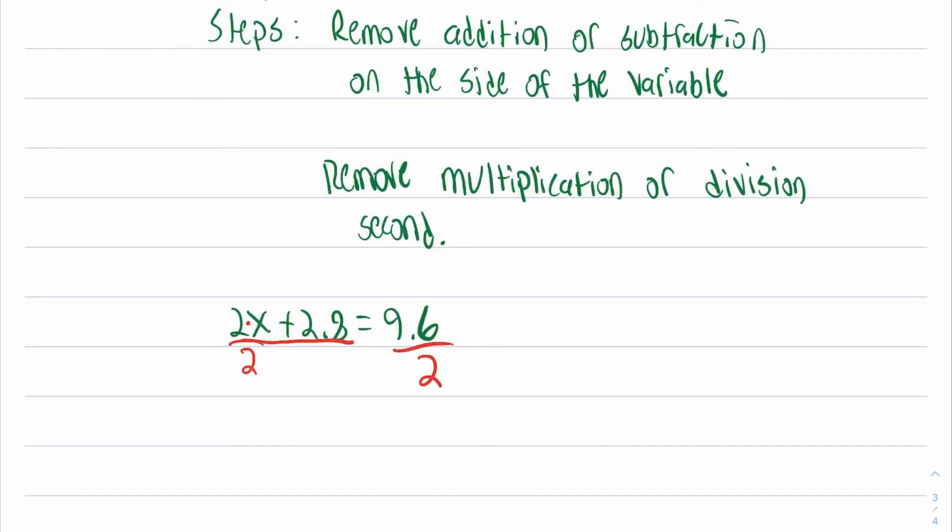So we would have to do 2x divided by 2 and 2.8 divided by 2. The left side splits up into two separate fractions.